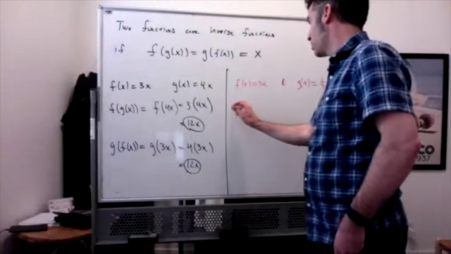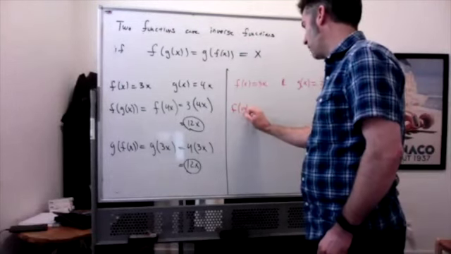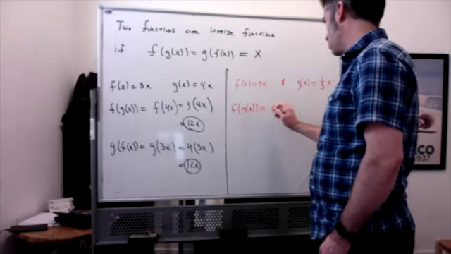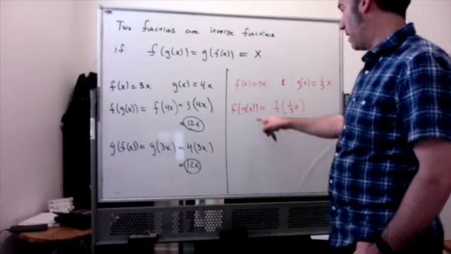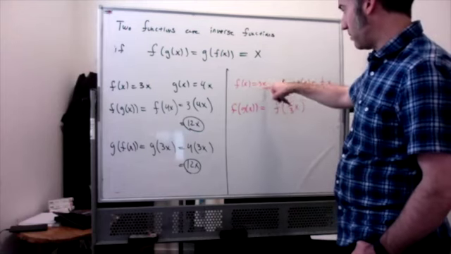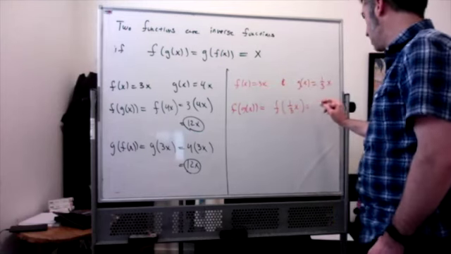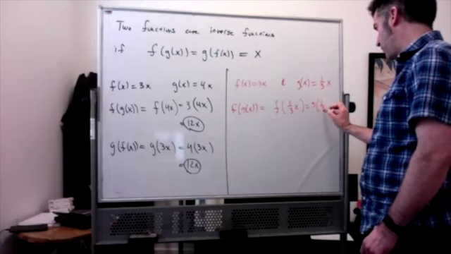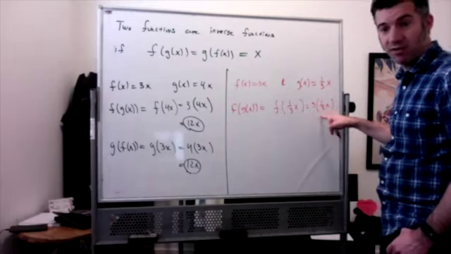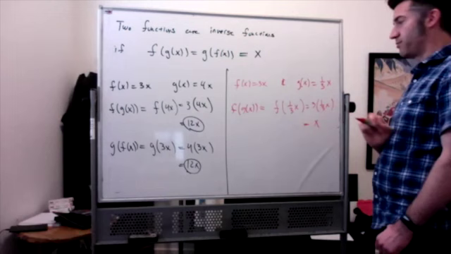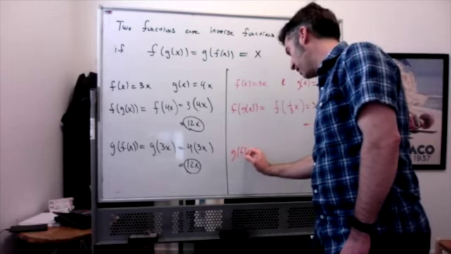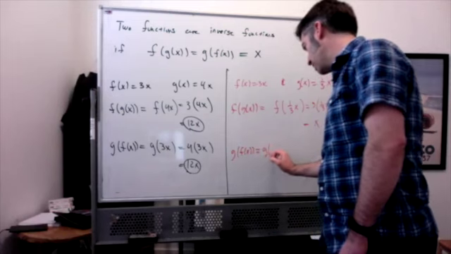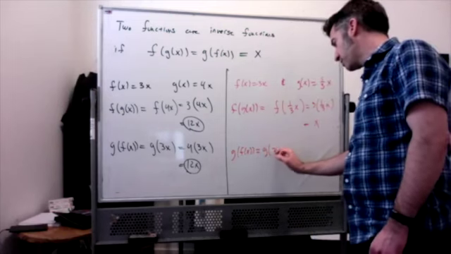On the other side, f of g of x is equal to f of 1/3 times x. And f of stuff is 3 times your stuff. But 3 times 1/3 times x is just x. If we go the other way, g of f of x is equal to g of 3x.